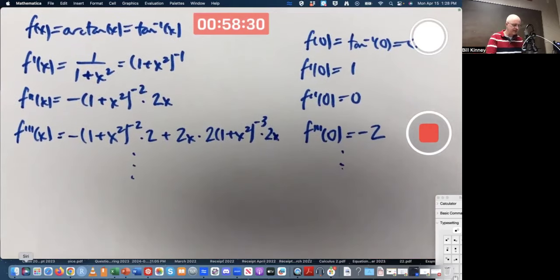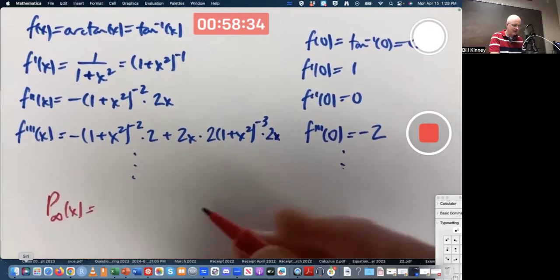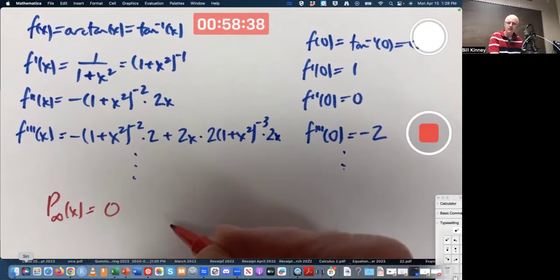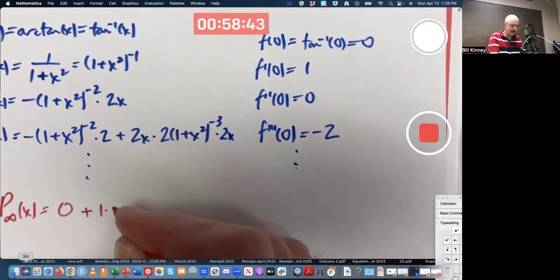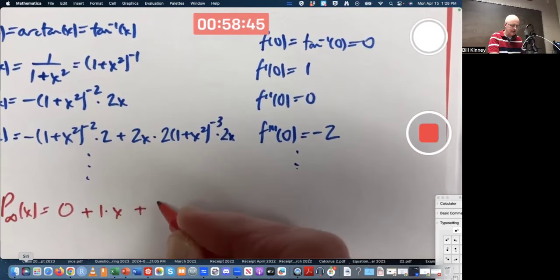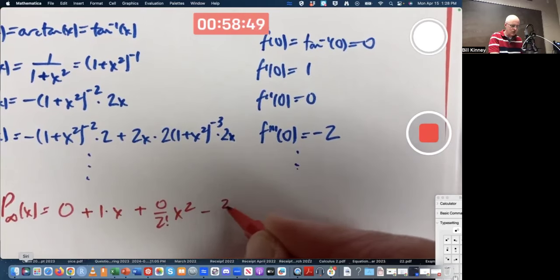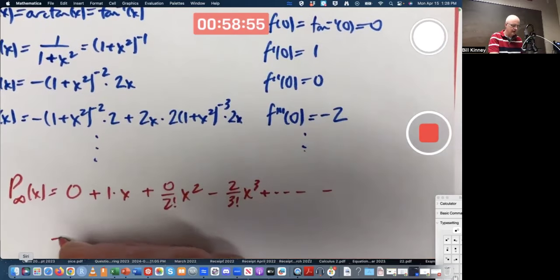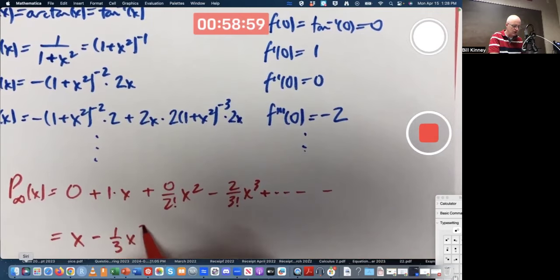So it looks like P infinity of x starts out 0, as inverse tangent of 0 is 0, plus 1 times x plus 0 over 2 factorial times x squared minus 2 over 3 factorial x cubed, etc. x minus 1/3 x cubed.